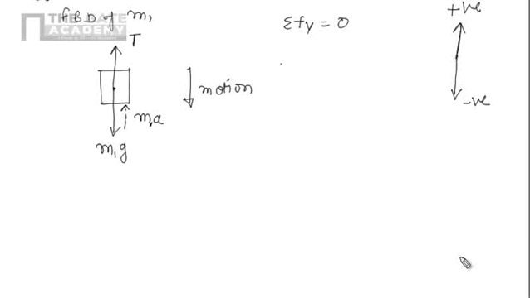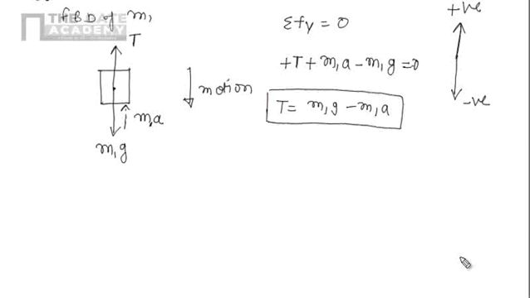So plus T plus M1A minus M1G equals 0. So we can write T equals M1G minus M1A. This one is the expression for T in terms of M1G and M1A.